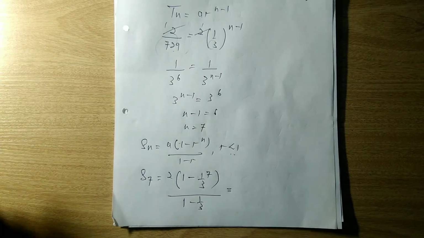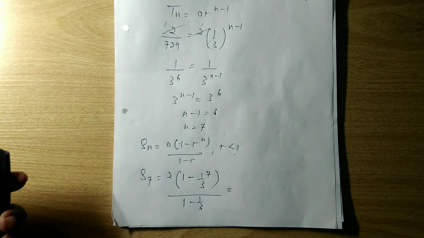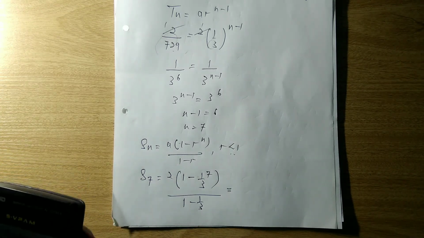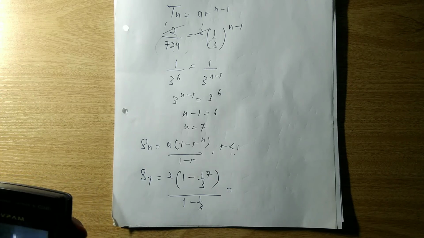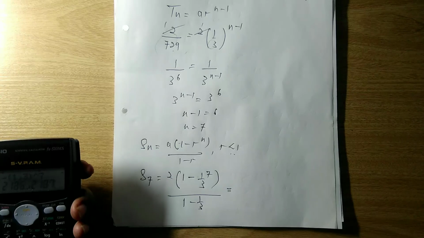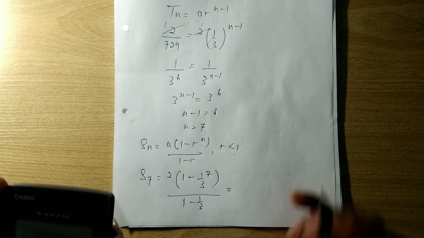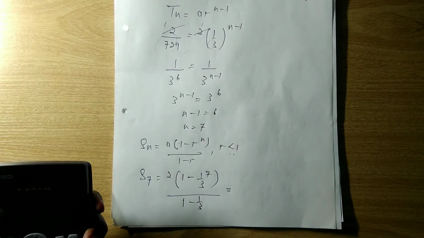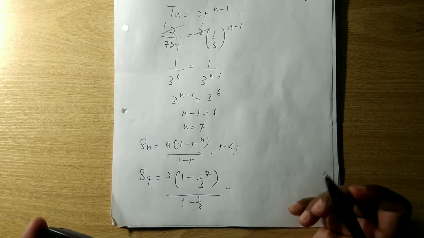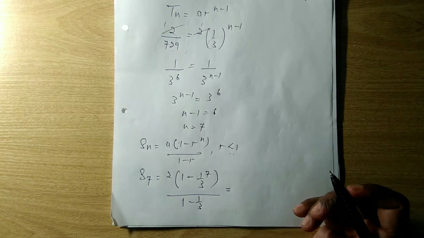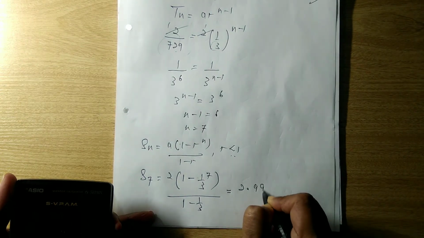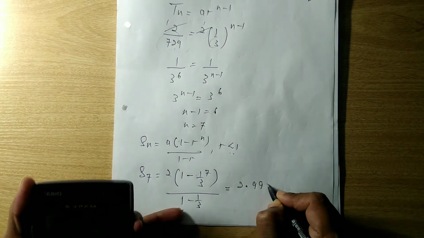Okay, so we solve this. Use your calculator. So 1 minus (1/3) to the power of 7, then we times it by 2, and divide it by 2/3. I get about 2.9986.